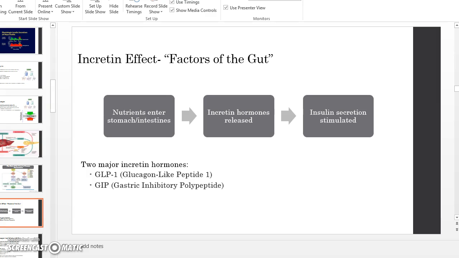Two of the major incretin hormones are GLP-1, or glucagon-like peptide 1, and GIP, which is gastric inhibitory polypeptide. GLP-1 is the hormone that has been significantly more studied, and is also one of our drug targets, so we'll spend a little more time focused on our GLP-1 hormone.